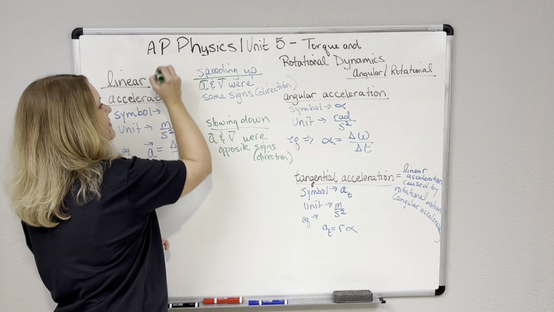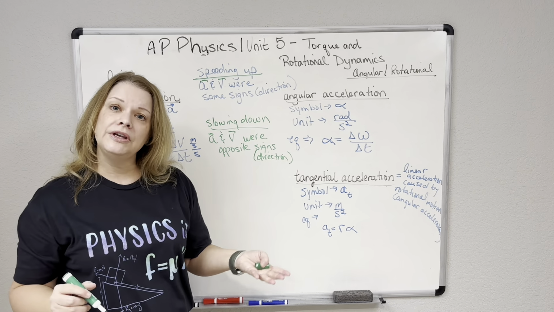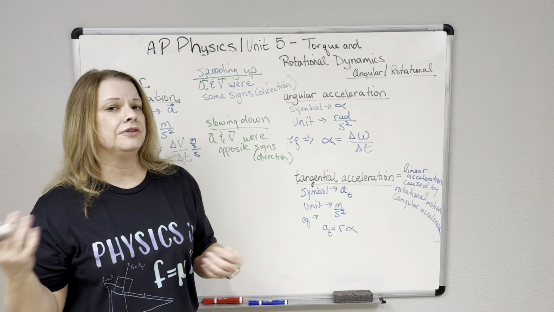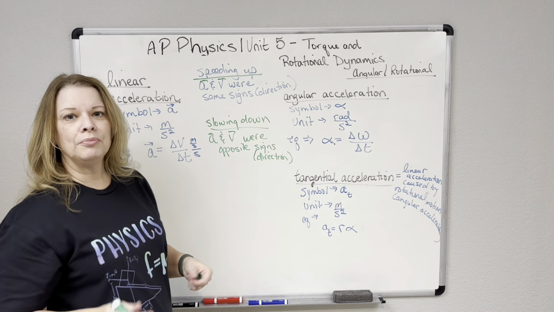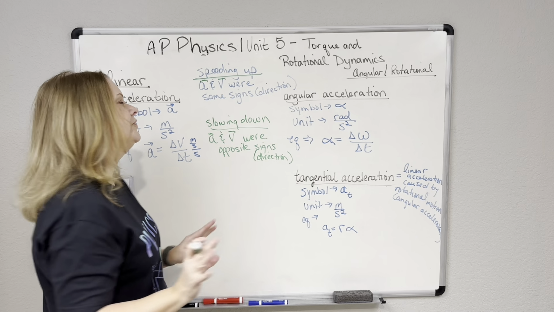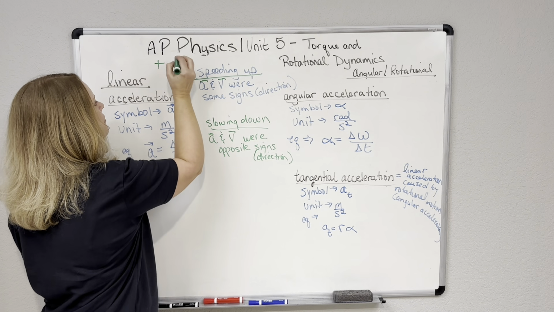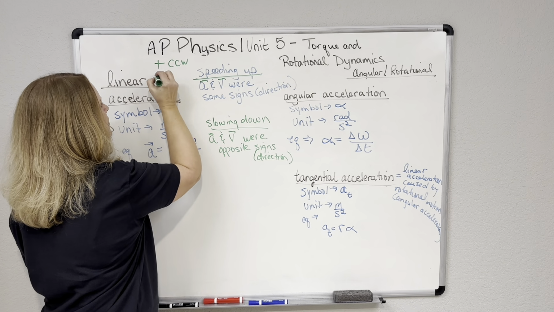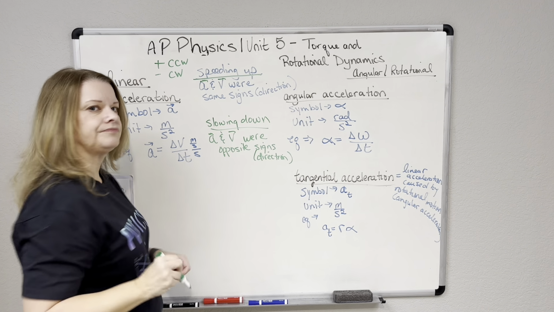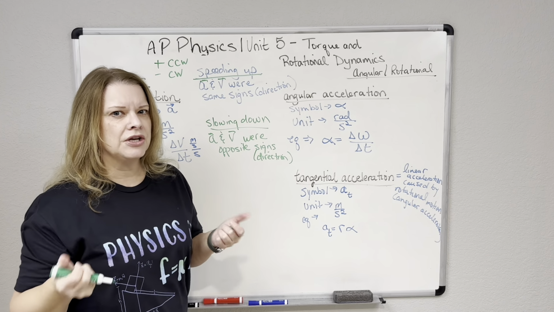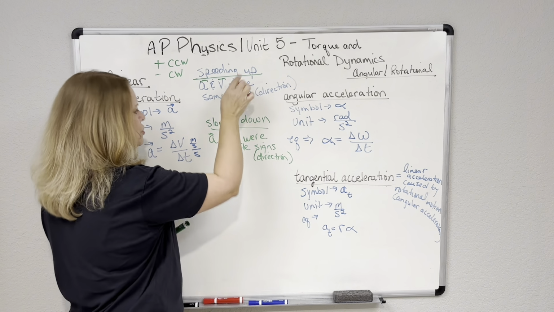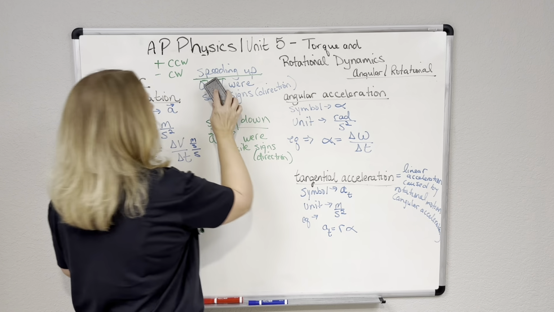When you get to AP Physics C, you'll be using the right-hand rule, and then the rest of your engineering career, if you're going down the engineering path, you'll be using the right-hand rule. But in AP Physics 1, we keep it a little more simple, and we say positive is counterclockwise and negative is clockwise.